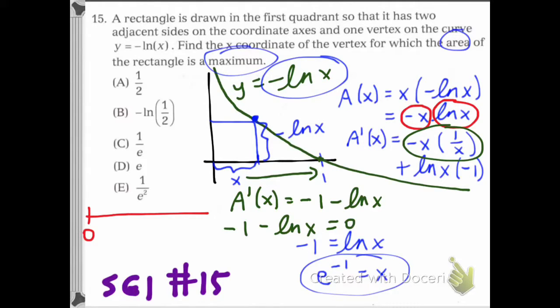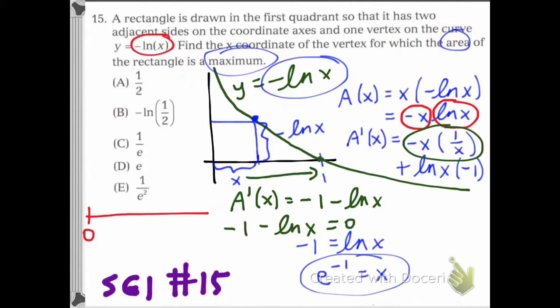I'm going to make a little sign chart just to reiterate what I said. The smallest value of x would be 0. Now if x is 0, that wouldn't make any sense, because ln of x can't be 0. So it does provide us a left-hand endpoint. In fact, x can't be 0, but x could be just bigger than that.